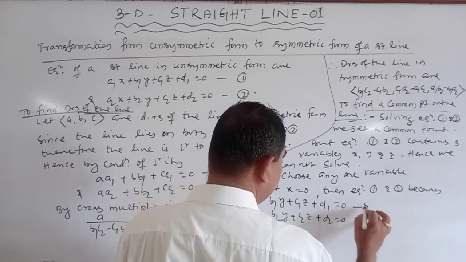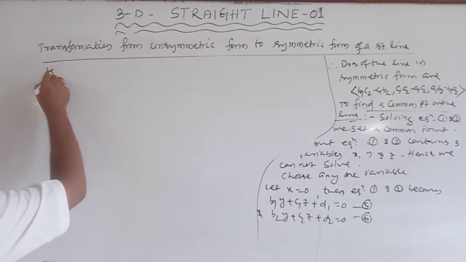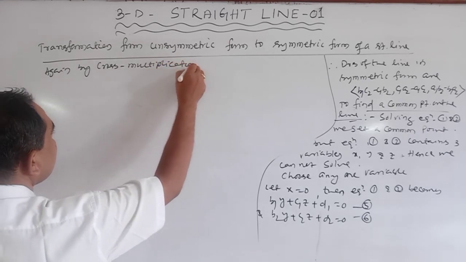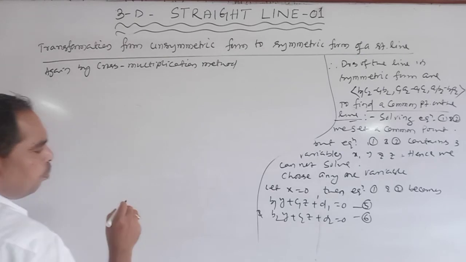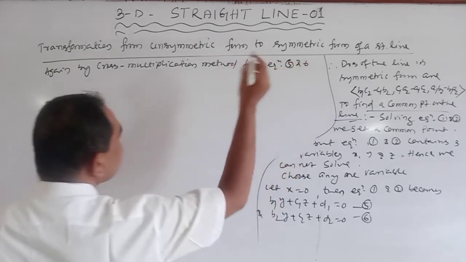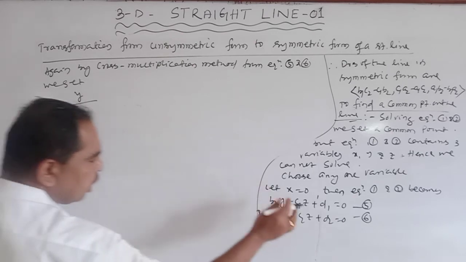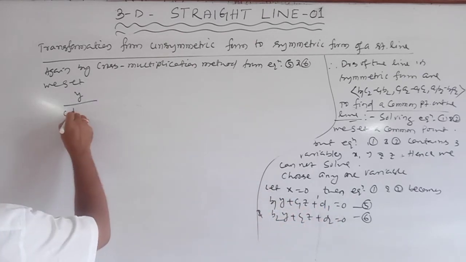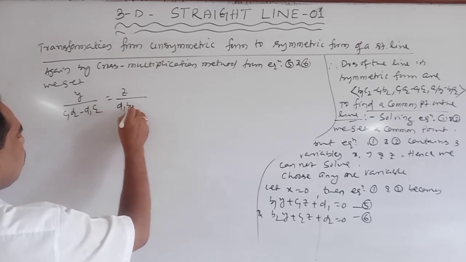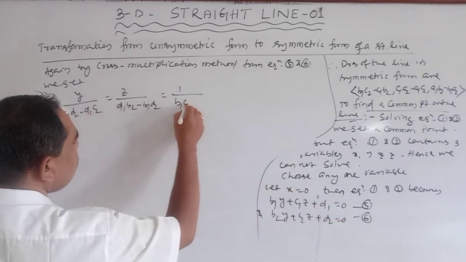This is 5 and this is 6. Okay, again by the cross multiplication method, from equations 5 and 6 we get the common variable. y divided by c1 d2 minus d1 c2 equals z divided by d1 b2 minus b1 d2 equals 1 divided by b1 c2 minus c1 b2.